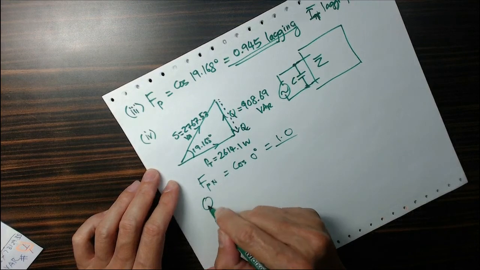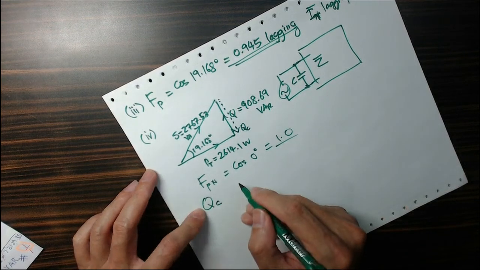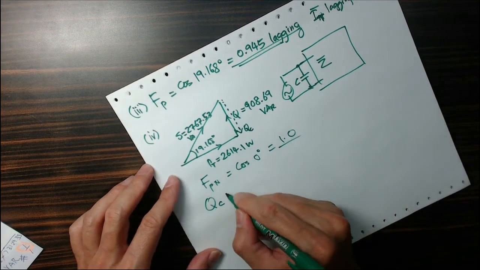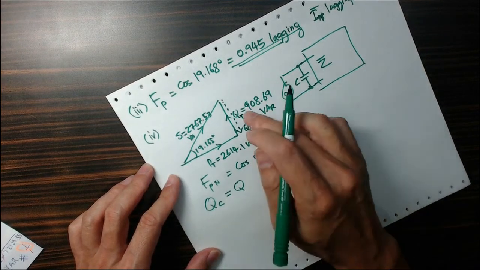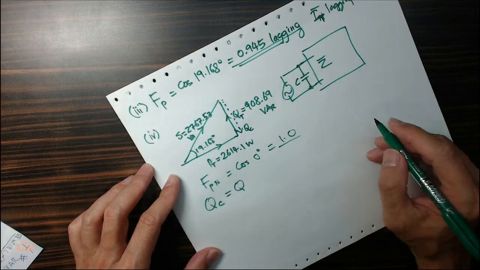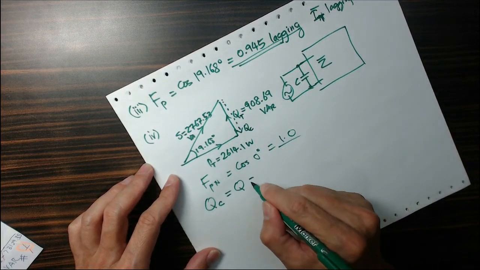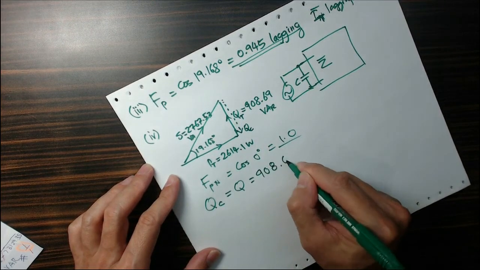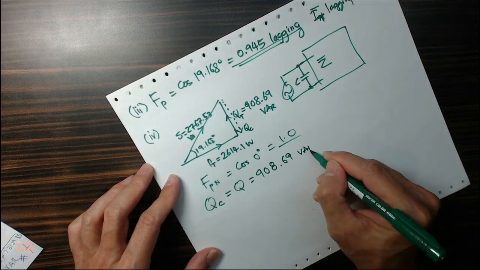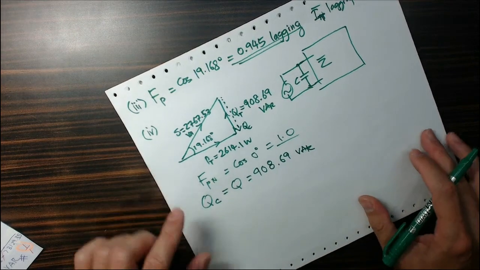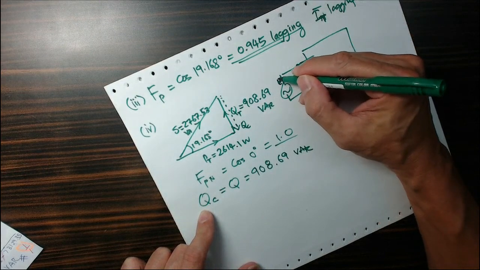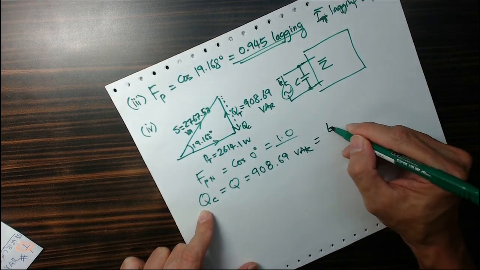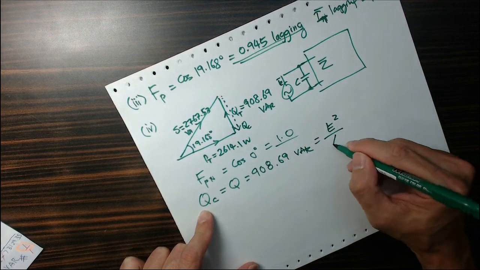In other words, the reactive power of this capacitor must be of the same value as the existing circuit's reactive power Q, which is 908.69 VAR. But we know that QC is actually E squared over XC.